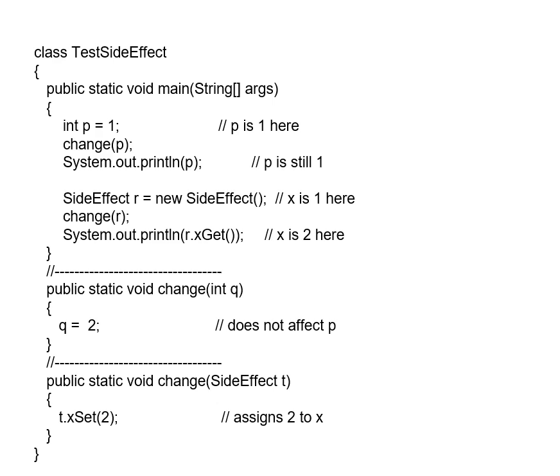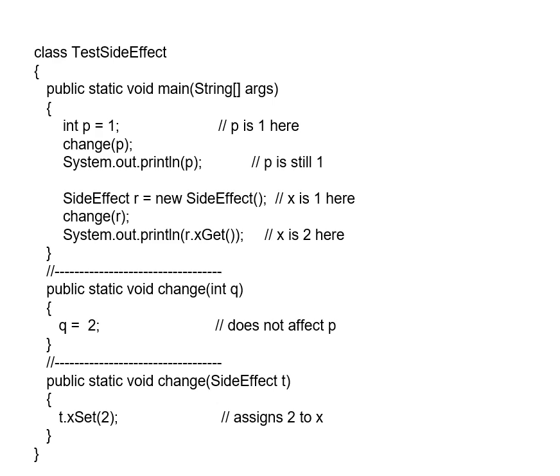All right, now let's get back to the change method as it actually appears in this slide. The change method, the second one, whose parameter is side effect, does the following. It calls xset, passing it 2. Now, which xset? You could have many side effect objects.